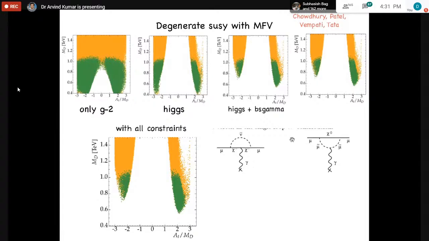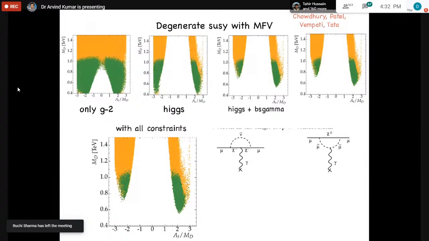These particles are roughly of the order of hundreds of GeV to TeV, not more than that. And you can do some plots and show that this fits the G-2 data very well. Say, with all the constraints, you have some green band on the bottom plot, which is the region where you have a complete explanation of G-2 in terms of some sort of degenerate supersymmetric theory. Okay, so it looks like you have new physics.